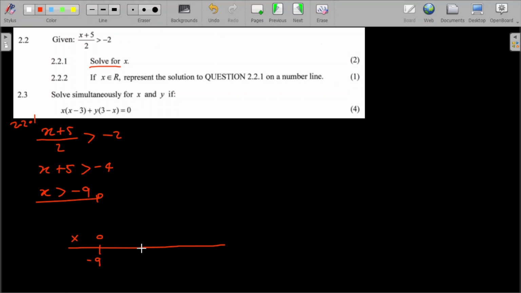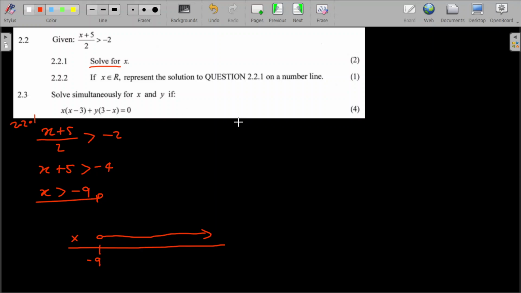Are the values on this side, or are the values on these sides that are going to be bigger than negative 9? So negative 9 is smaller than those values of x. So from what I'm seeing here, the values of x that are bigger than negative 9 are the values going in this direction. So my negative 9 is less than the values of x that are going this direction. So this is what we have to write based on the number line.